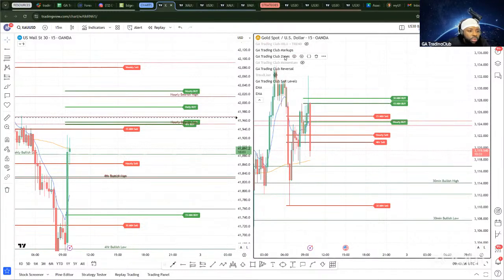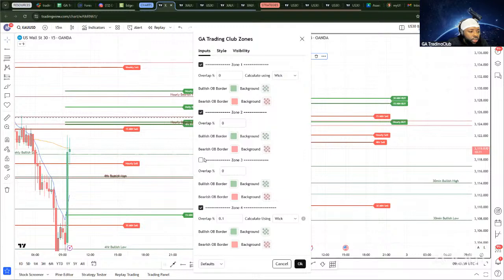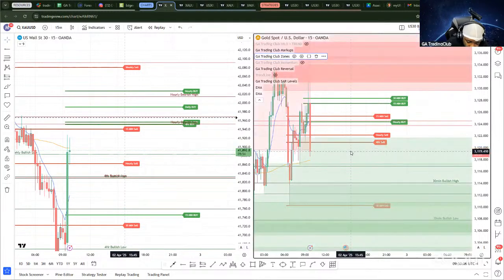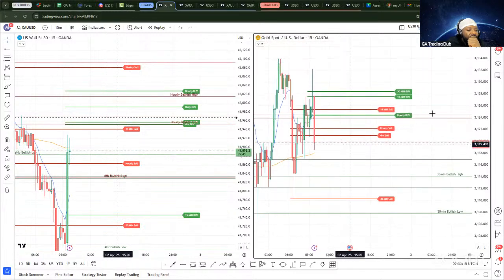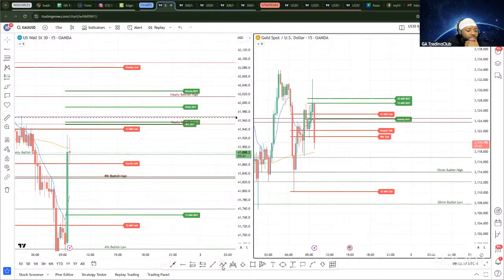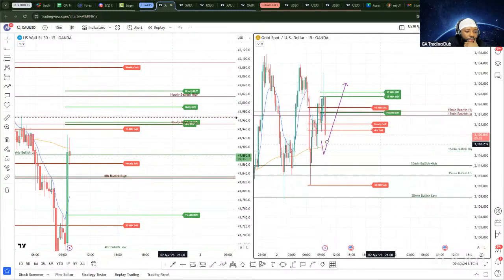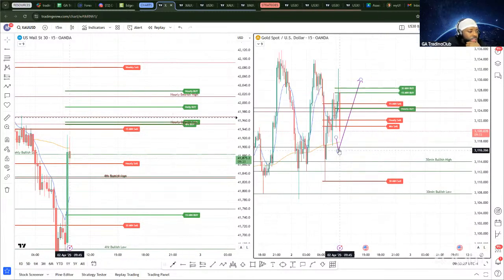For gold, right here we will probably get some resistance at the 200 DMA, maybe to tag into, because this 200 DMA is also next to some order blocks.